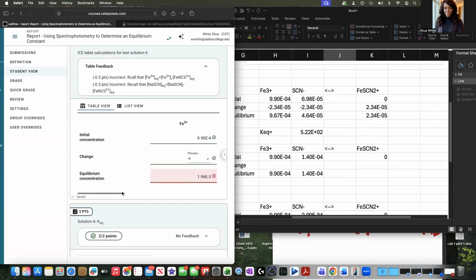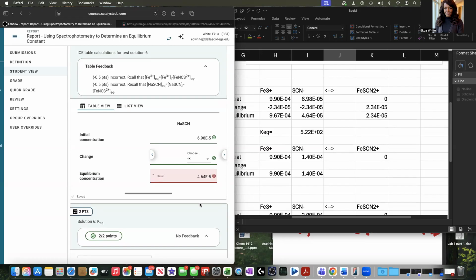Okay. So this is iron. We know this is the starting point. So this then has to be 9.67 exponent -4, right? And that's the iron part. And this one here will be 4.64 exponent -5.